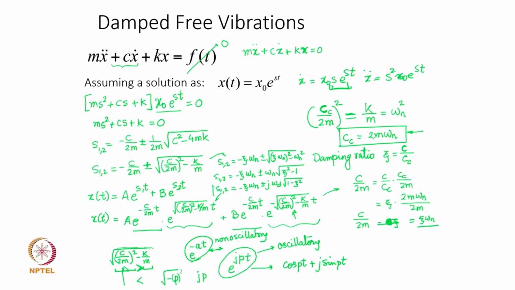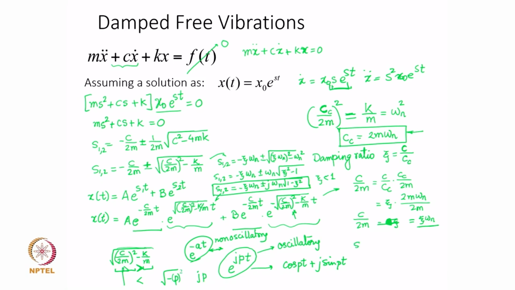Of course, this is with the assumption that the damping ratio is less than 1, because if it is less than 1, I can write the two roots as minus zeta omega n plus or minus j omega n, square root of 1 minus zeta square.